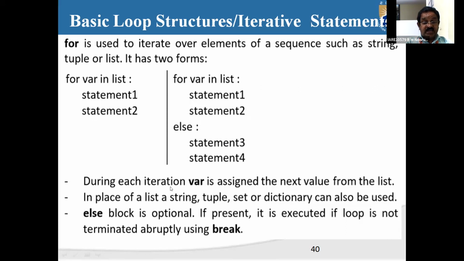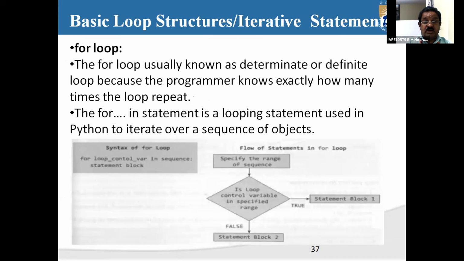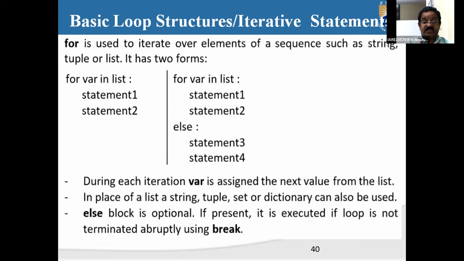During each iteration, the variable is assigned the next value from the list. If you are making use of the range, then you mention the begin, the end, and the increment or decrement, also called the step.